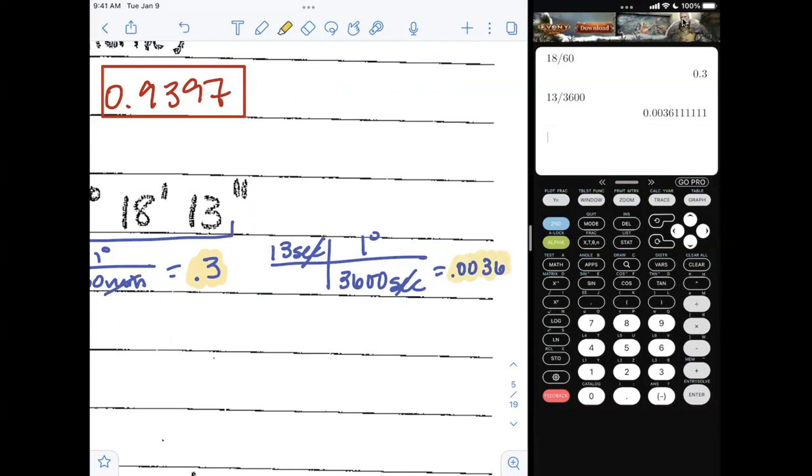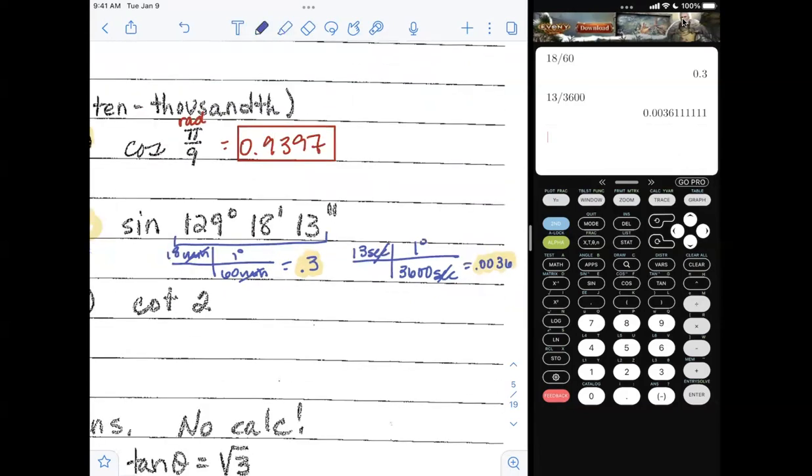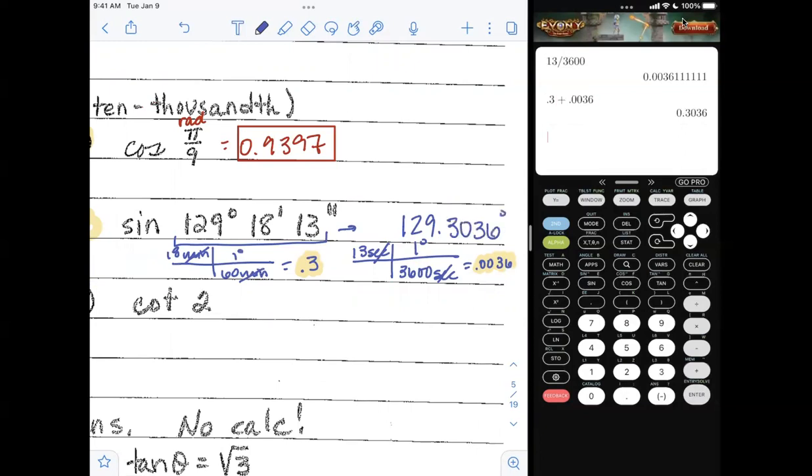And again, just like the other one, we're not done because we did our degrees, minutes, seconds. Now we have 29, point, let's add that 0.3 plus that 0.0036. So we get 29.3036. We don't just want that number, we now want to do the sine of that.